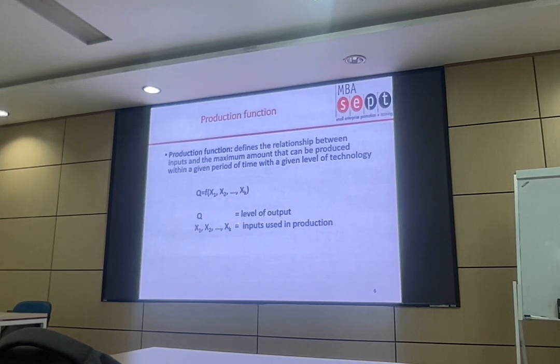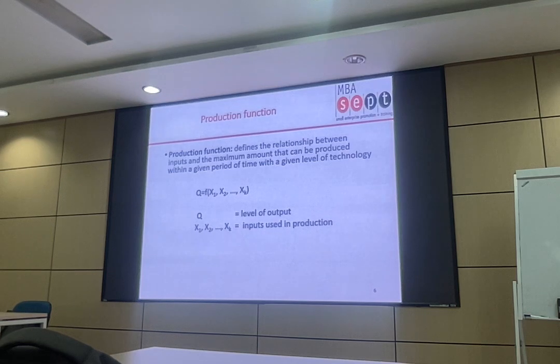So if the enterprise uses only one input, x1, it's production with one input, and with x1 and x2 it is production with two inputs. To simplify our production function, which helps us understand it more easily, we will talk about the production function in the case of one input and two inputs.